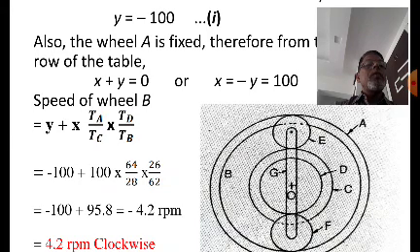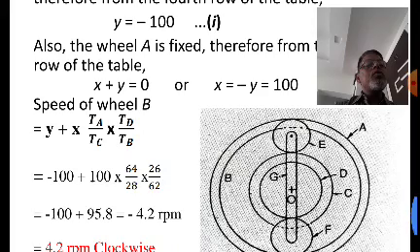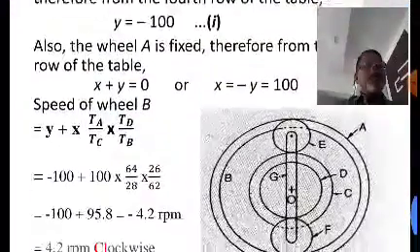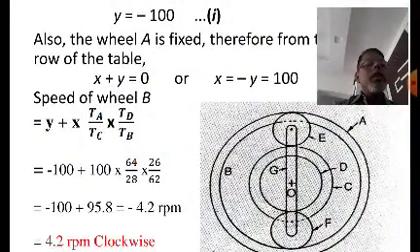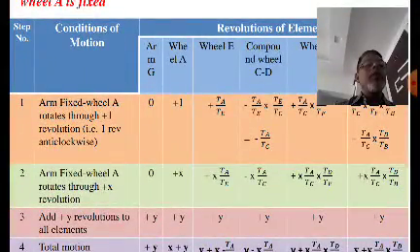Then either you can start from the outermost gear A or from the innermost gear C. Here we'll start from the outermost gear A, so the next column is wheel A. Then wheel A is meshed with the wheel E, so next will be wheel E. Then E is meshed with the gear C. Here C and D are the compound gear, so don't consider them separately; the next column is the compound wheel C and D.